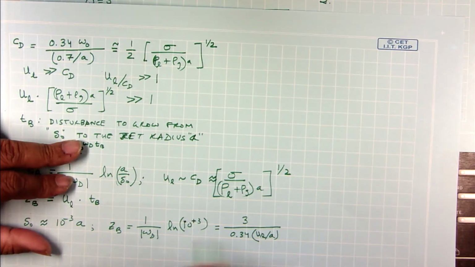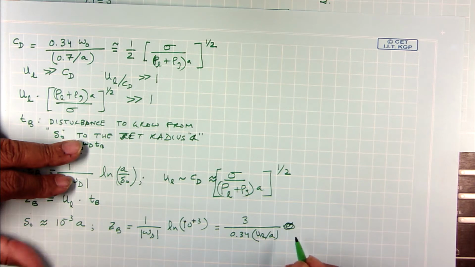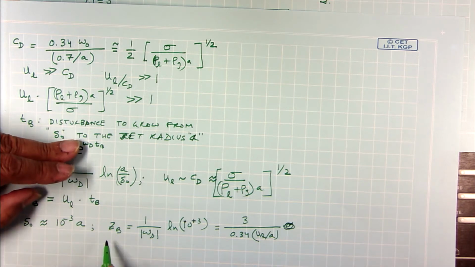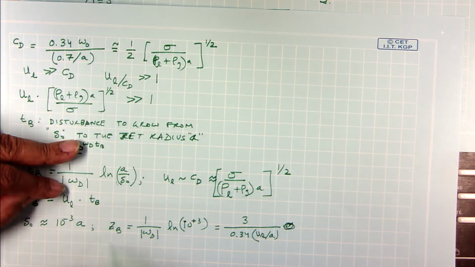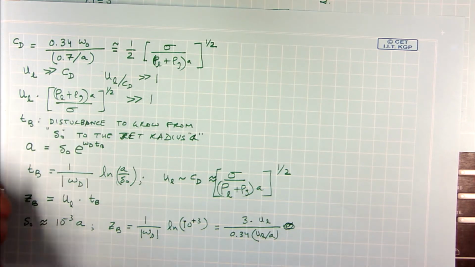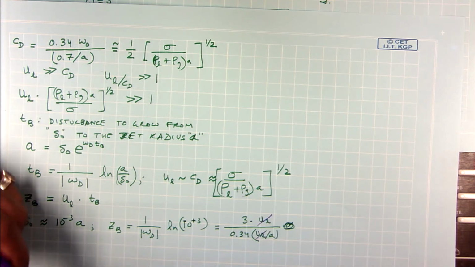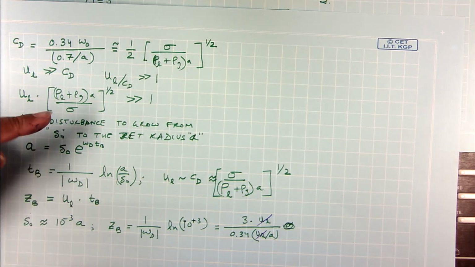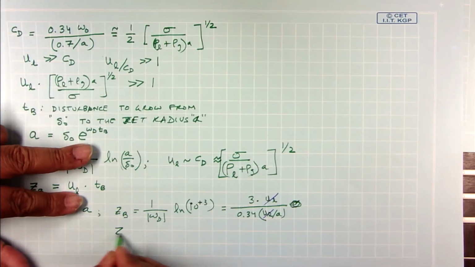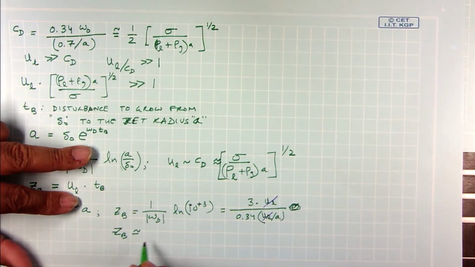And so this value comes to, let us see, and this times UL essentially. So the ULs cancel out, and therefore the value of ZB that we get, if you do the math on this one, comes to about 11.7.